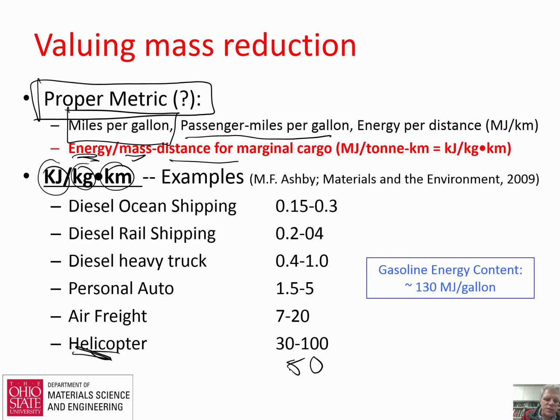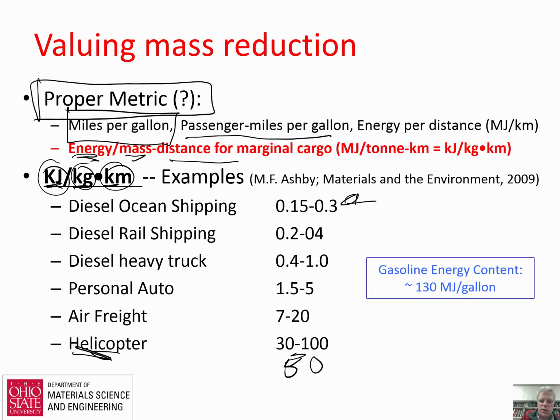Let me say that again. For a helicopter, I might be on the order of about 50 kilojoules to take an extra kilogram an extra kilometer. So if I put another FedEx package on a helicopter and take it a kilometer, it actually makes that helicopter work harder. If I put this on a diesel ocean ship, it hardly notices it on that scale.